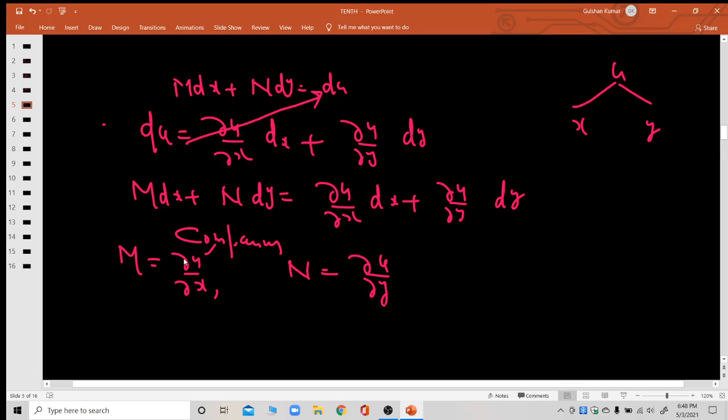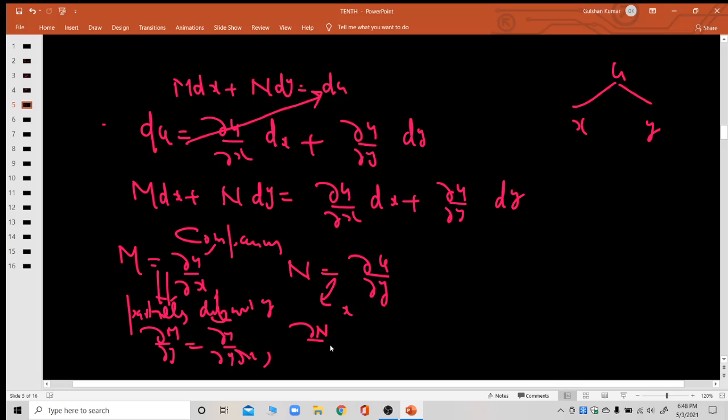So if I partially differentiate this with respect to y and this with respect to x, u will be eliminated. Then we will find the condition. I will get ∂M/∂y is equal to ∂²u/∂y∂x, and differentiating with respect to x, ∂N/∂x is equal to ∂²u/∂x∂y.